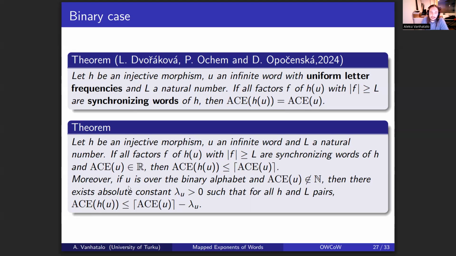And also, if we look closely at the binary case, we can squeeze this small positive constant here to make this inequality strict in the case where we have a non-natural number ace value. So this lambda u does not depend on the h, it depends only on the binary word.